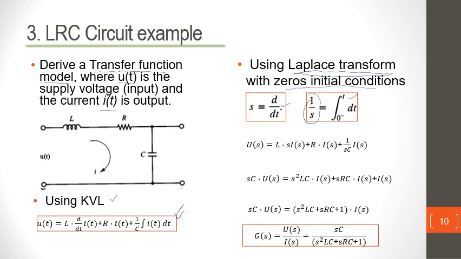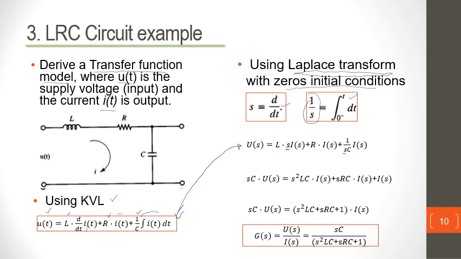So U of s is equal to L, because we have di/dt, we replace that with multiplication by s, plus the resistance times I of s, plus 1 over C times the integral of I, which we replace by 1 over s times I.